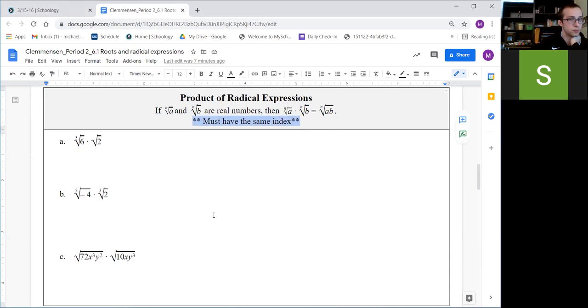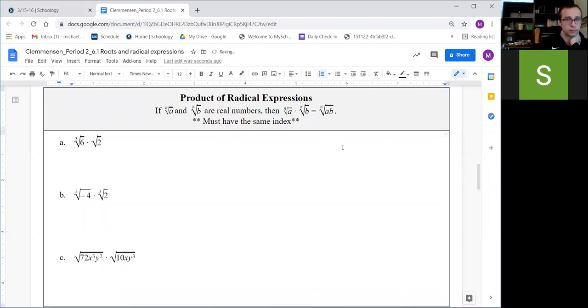Right? So like this one right here, since this 3 and this 2 don't match, since they aren't the same index, we can't multiply them. Right? They do not multiply together. So then we were done with this problem. This would be my answer in simplest form.